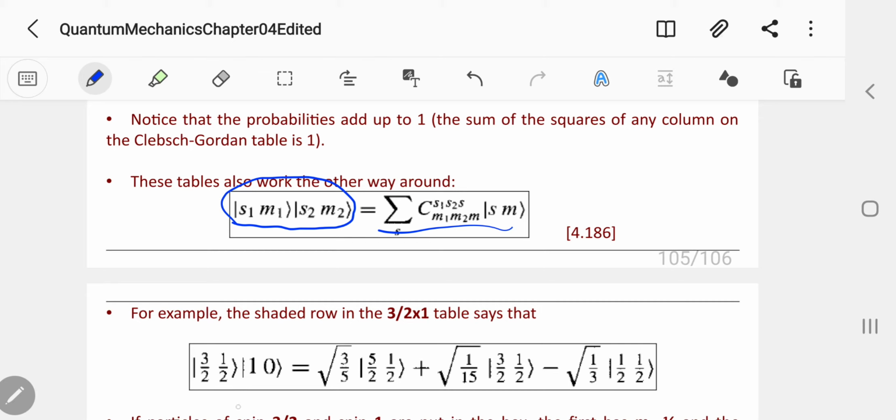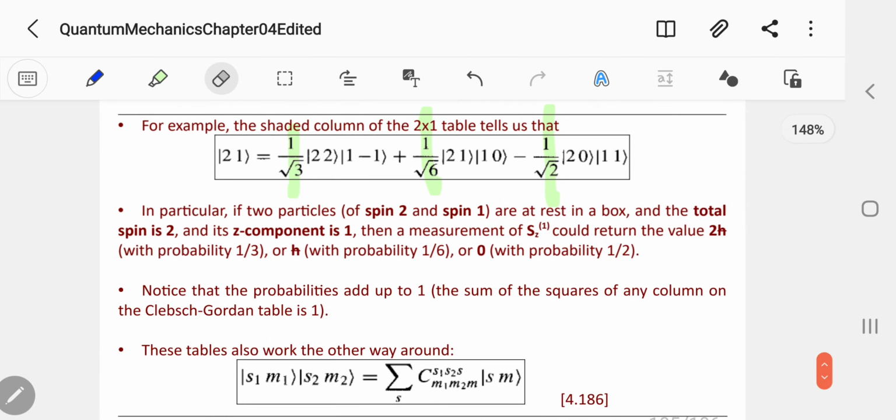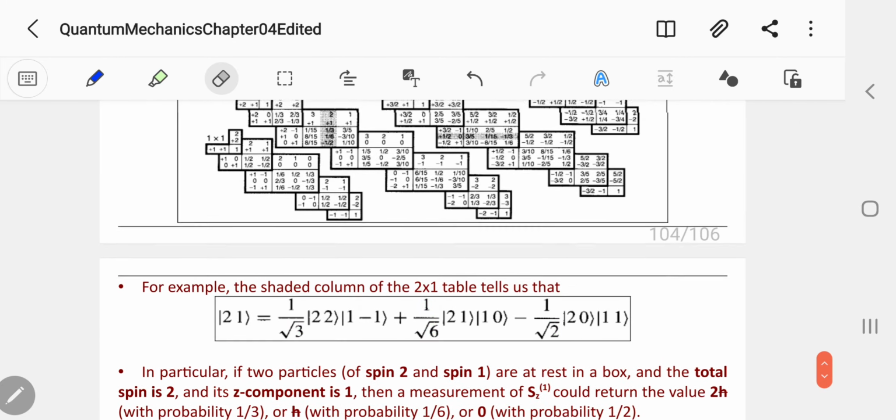So for this one, you have 1/2 here and 0 here. Then all of the states should have M equal to 1/2. So this is 1/2, this is 1/2, and this is also 1/2. But the S would be, of course, different.